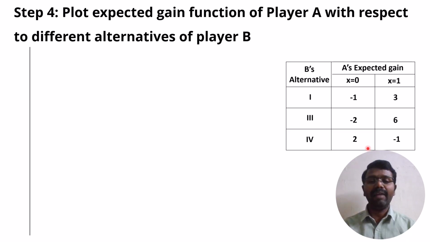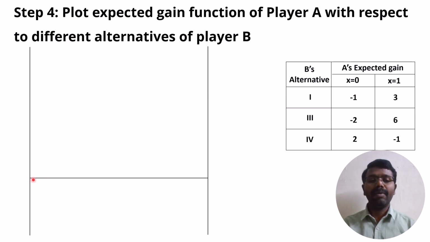At x is equal to 0, these are the values. So we draw one line and say that is x is equal to 0. We will draw another line and say that x is equal to 1. We will also draw one line between x is equal to 0 and x is equal to 1. That will become 0. Now here we will write minus 1, minus 2, minus 3, minus 4 below this line, and above this line we will write 1, 2, 3, 4, 5 up to 10.